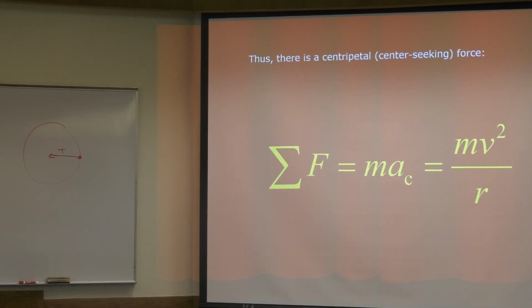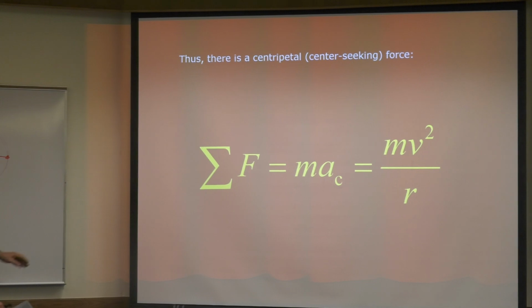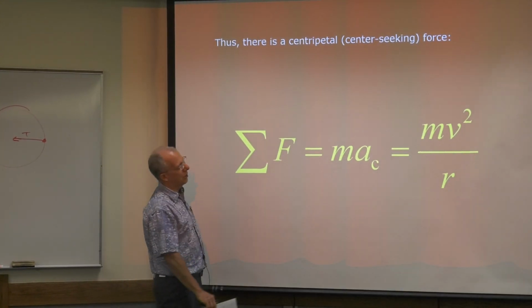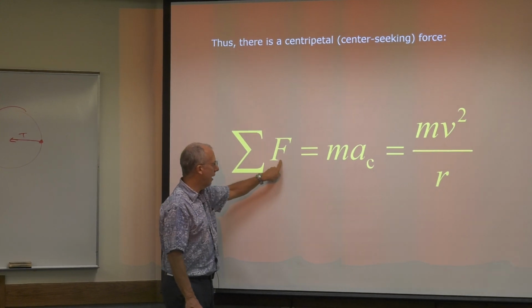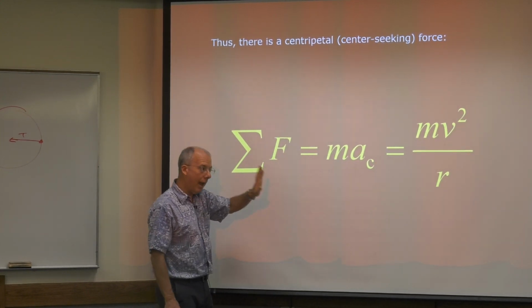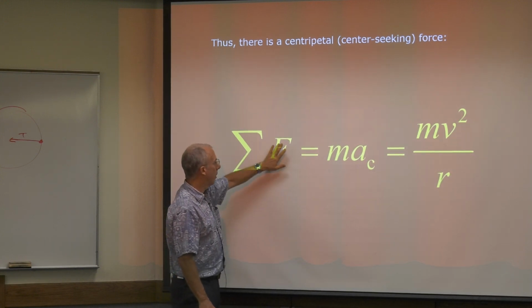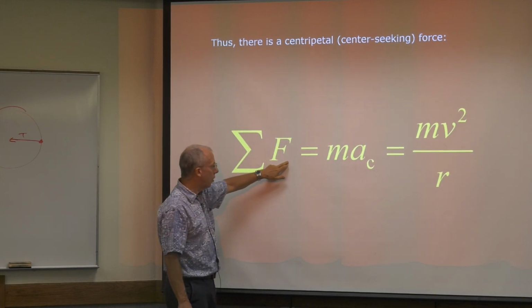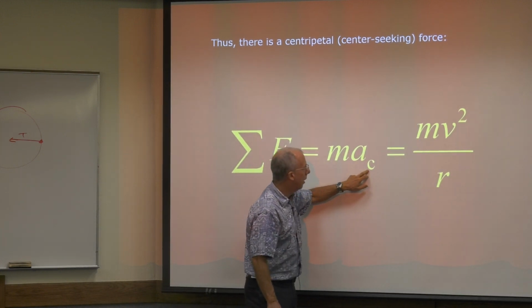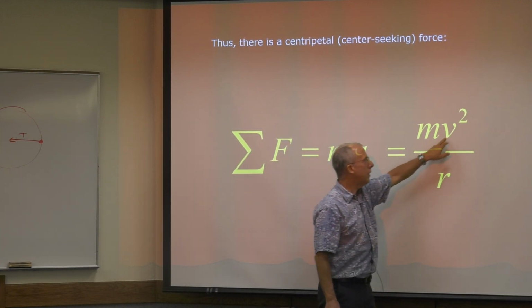So therefore, there has to be a centripetal force, so I really should have a little c here. Now, what's Newton's second law? F equals ma. So the sum of all those centripetal forces equals m a centripetal. But what's a centripetal? It's v squared over r.